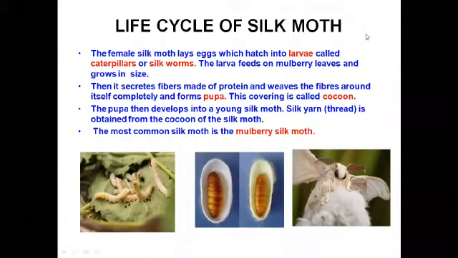The life cycle of the silk moth is the cycle from the birth of the silk moth to its formation into a caterpillar, then pupa, and then back to the silk moth. It happens in four stages. First, I'll show you the flow chart of the cycle, and then I'll explain it.